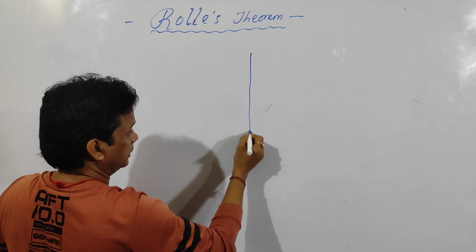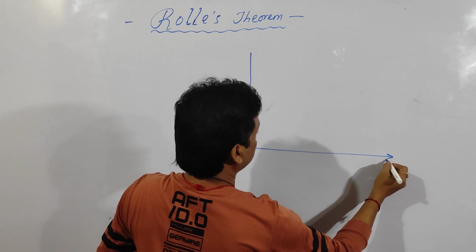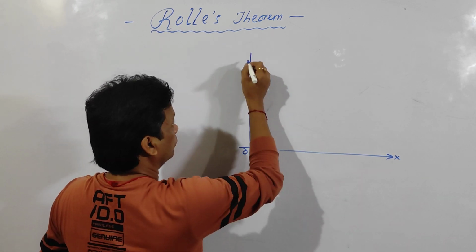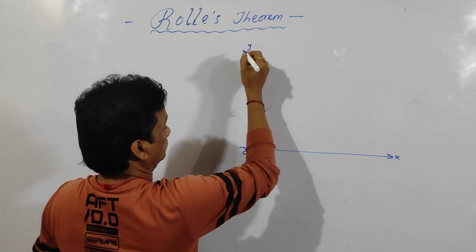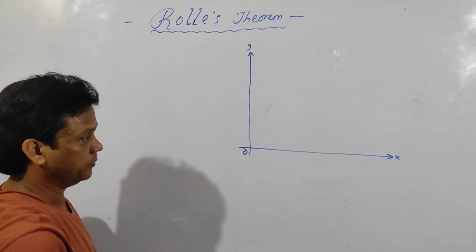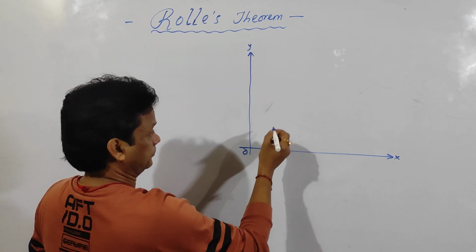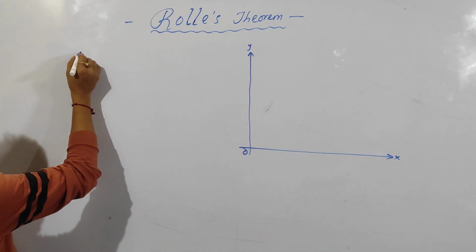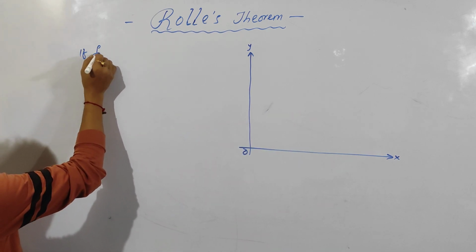Rolle's theorem is a very interesting theorem, and you have to know only the geometrical concept, that means the geometrical interpretation. See here, what is the theorem?